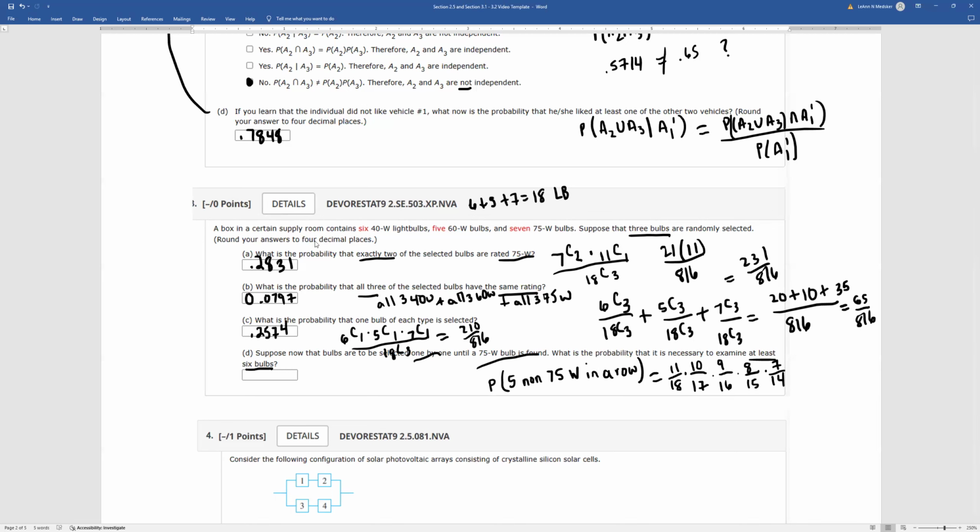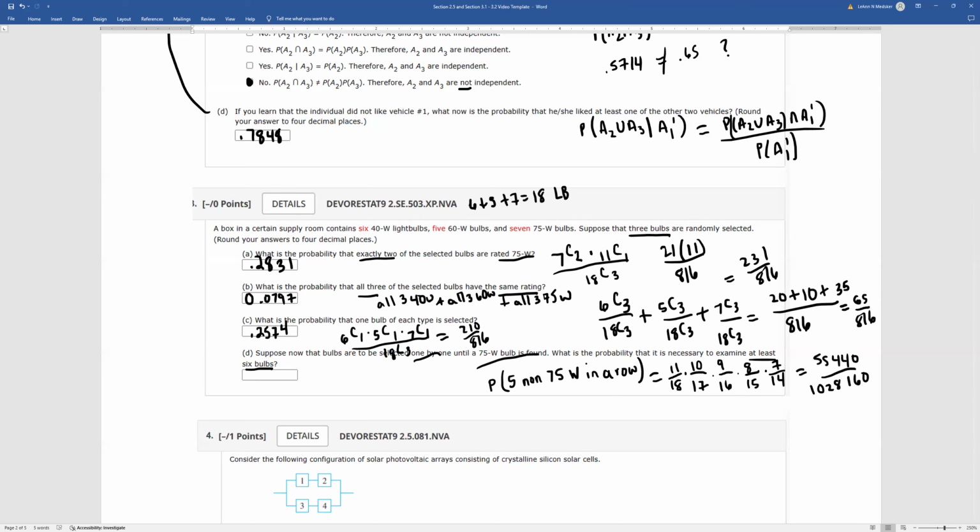Okay. Now, if we multiply that out, that's 11 times 10 times 9 times 8 times 7, which is 55,440 over the bottom, which is 18 times 17 times 16 times 15 times 14, which is 1,028,160.